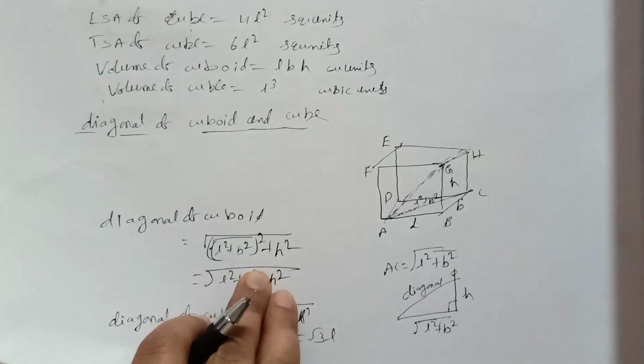Next, pyramid. What is a pyramid? A pyramid is a solid bounded by plane faces.